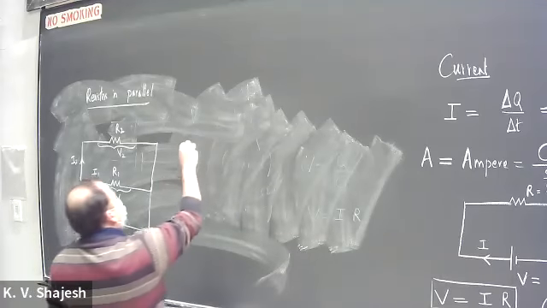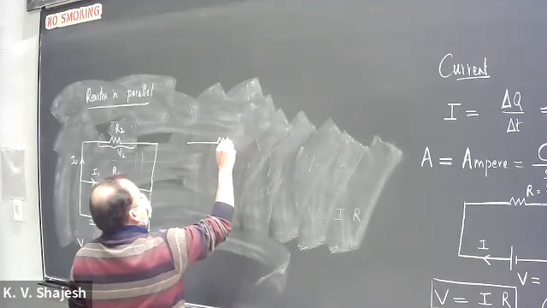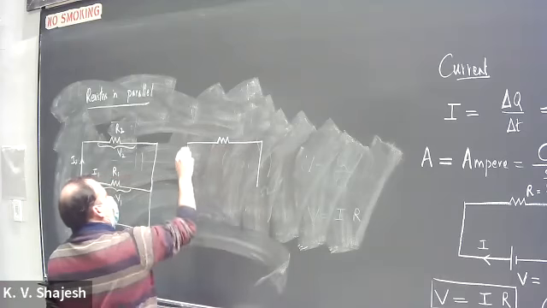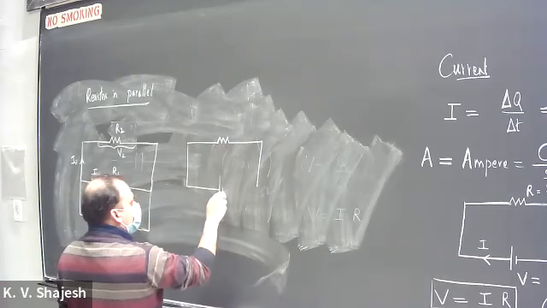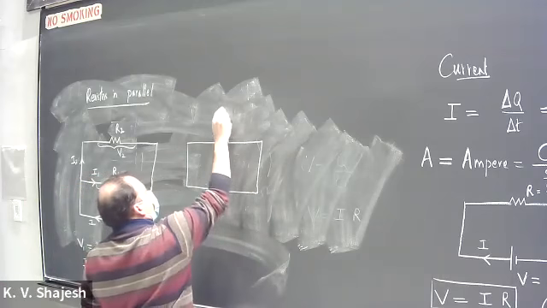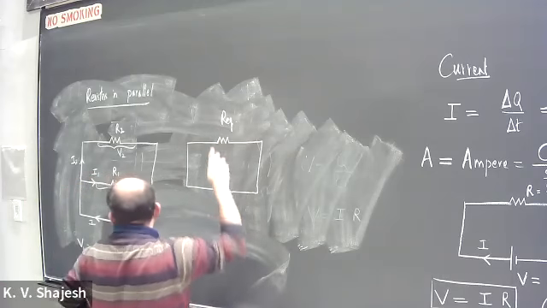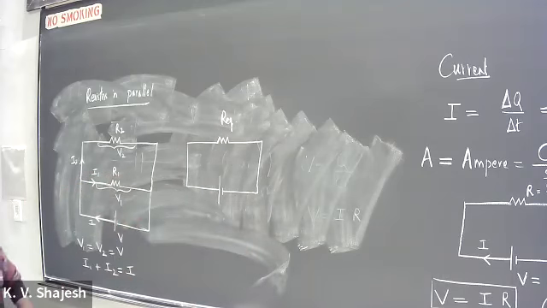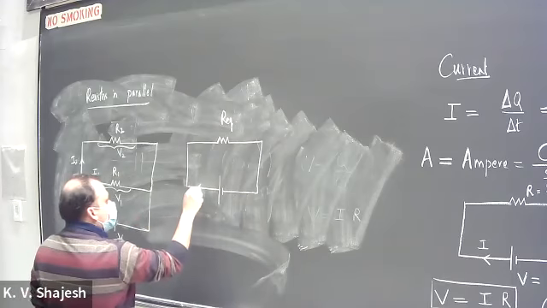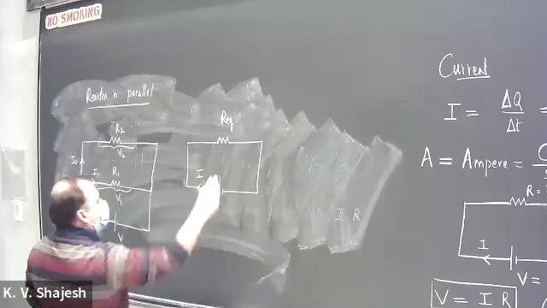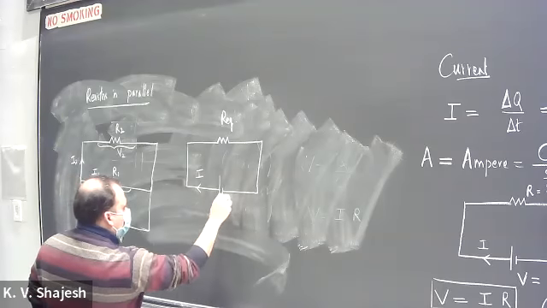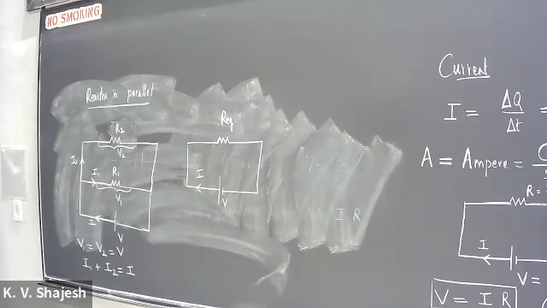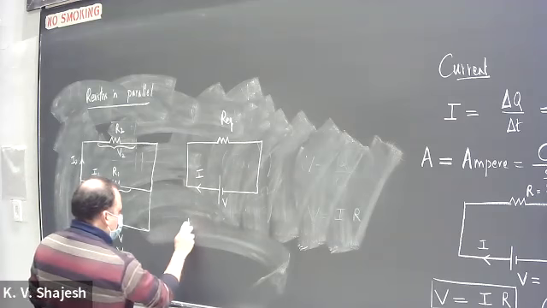Again, have an equivalent resistor, and define it as that particular resistor which pulls the same amount of current. So it's the same current that it has to pull, so that I remains the same and the voltage is the same. And that's the definition of an equivalent resistor. And again, we start with the same equation.